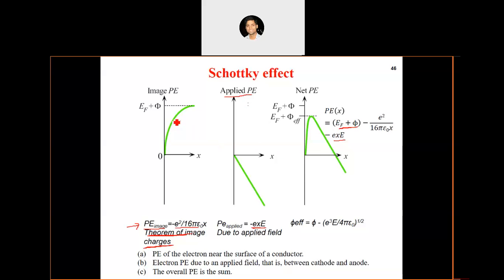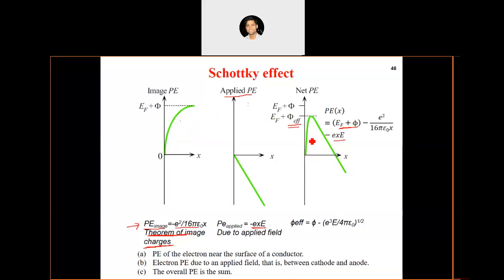This should be understandable: if we add these two potential energies, the net potential energy will look somewhat like this. Now if there was only image potential energy, the work function of the material would be phi. But in this case the work function has come down slightly.